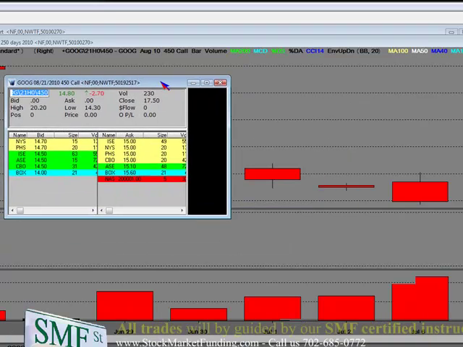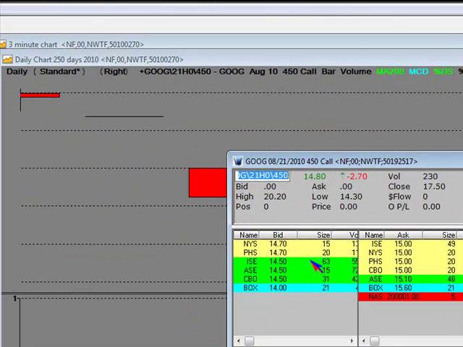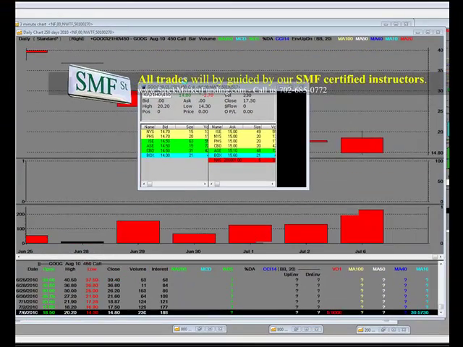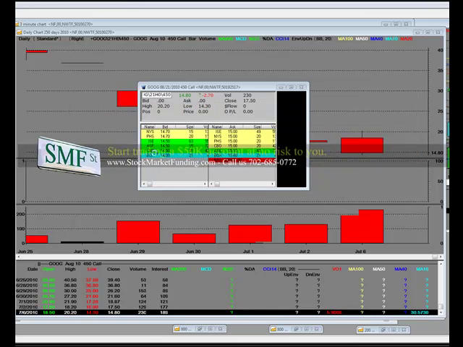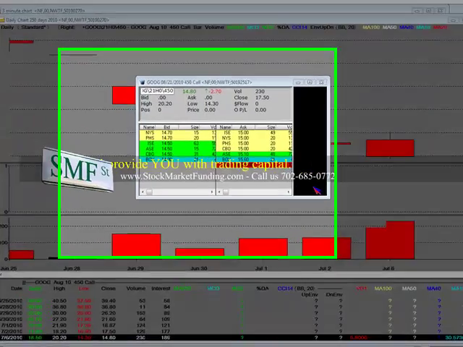So once again, I've got a deflated area here. I will be setting alarms today if it drops to 14.20, and below that will be 15.80 or 13.80. And we're going to continue to monitor the Google call 450 and the put option that I showed on the tape.